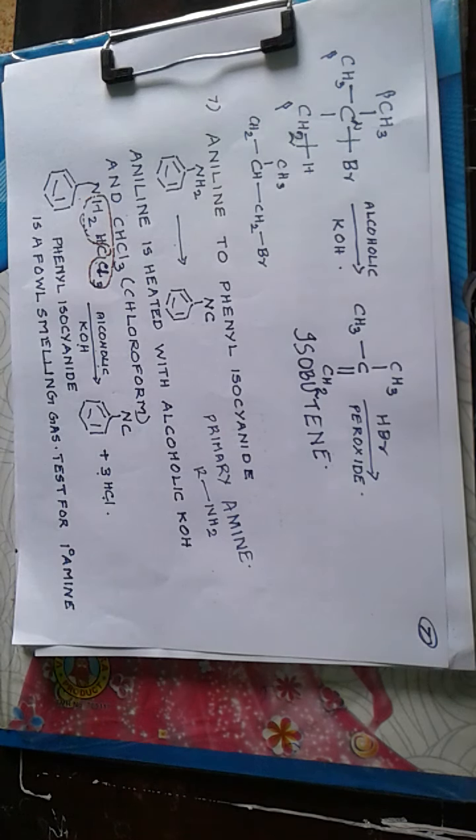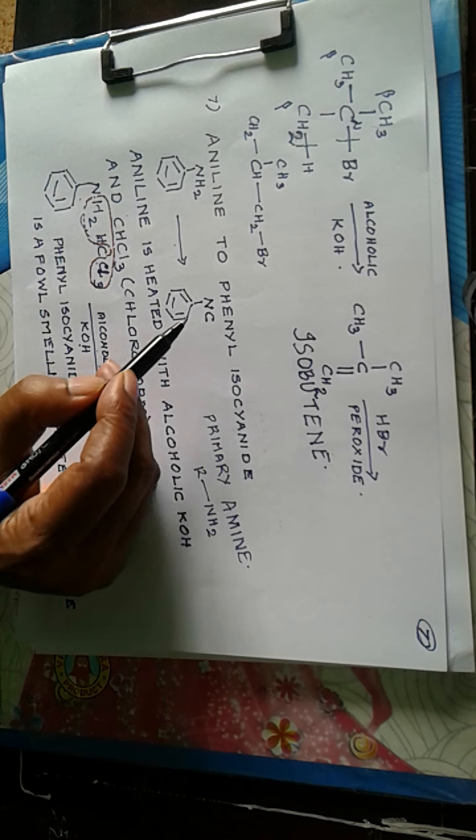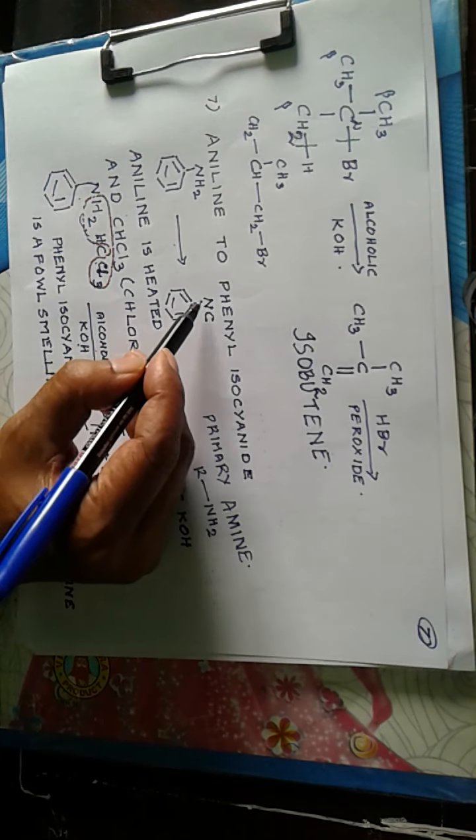Now coming to another conversion, that is aniline to phenyl isocyanide. Aniline is a primary aromatic amine and the isocyanide group is the NC group. So nitrogen is directly connected to the benzene ring. Now this reaction is effected by treating with alcoholic KOH and chloroform.